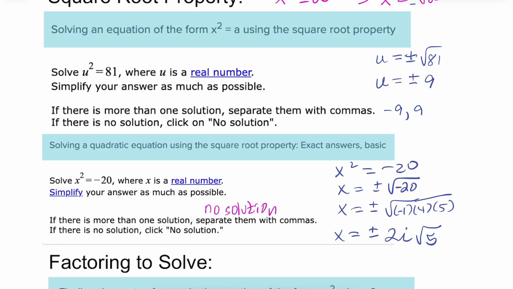Now, there might come a section where Alex says any solution, real or imaginary, and then you type in the i solution. But if it just says a real solution, there is not a real number in that answer. i is not on our real number line. It's not a real number. It is imaginary.